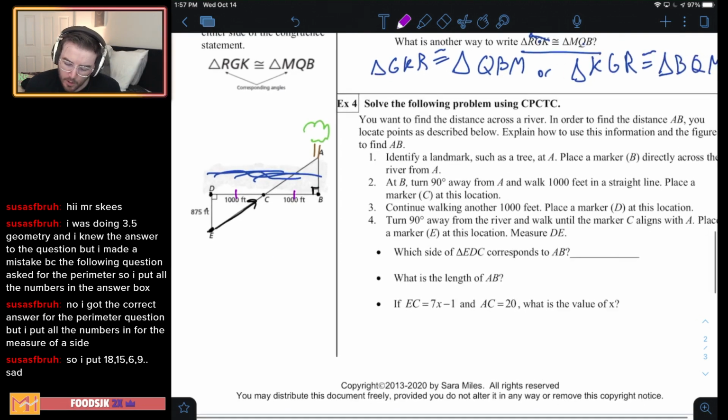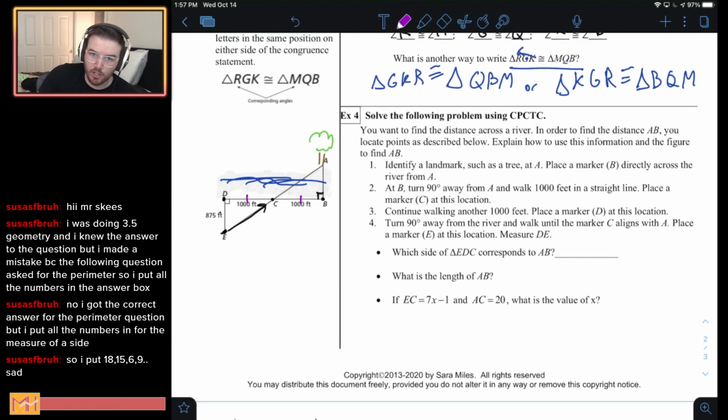Well, I guess we haven't exactly shown that they're congruent. I'm leaping a little bit far there. They are congruent, but what we really want to stress in this moment is that there are corresponding pieces. So this side corresponds with this one because we're trying to make a match. If this one's 1,000, this one's 1,000.